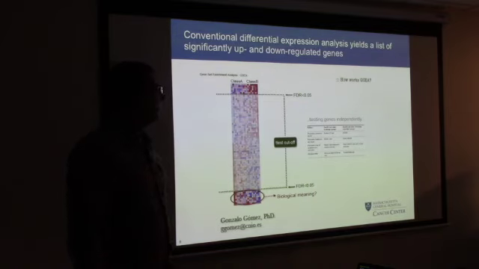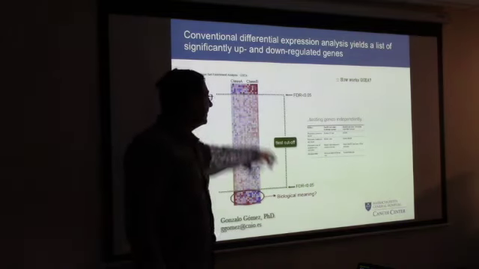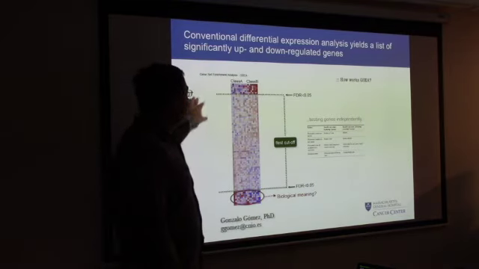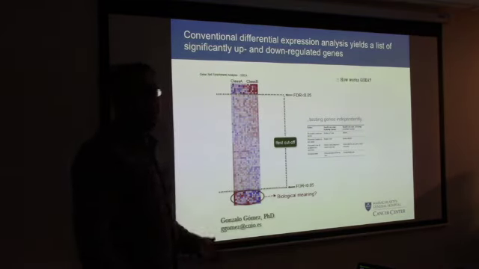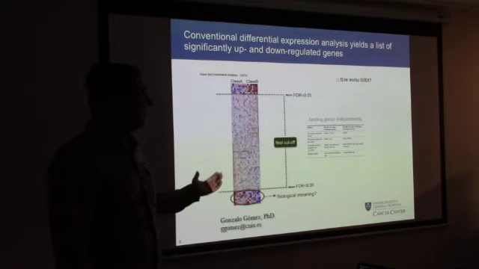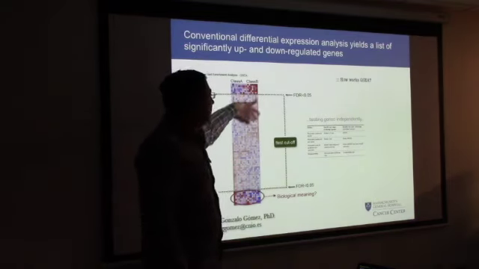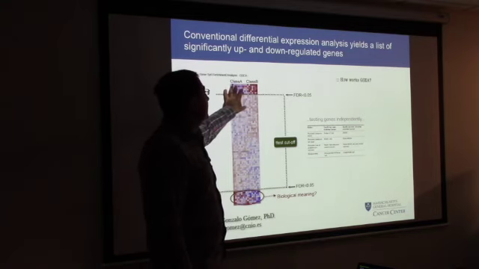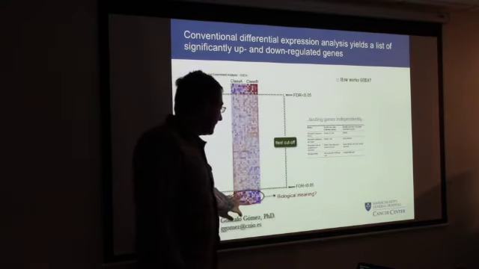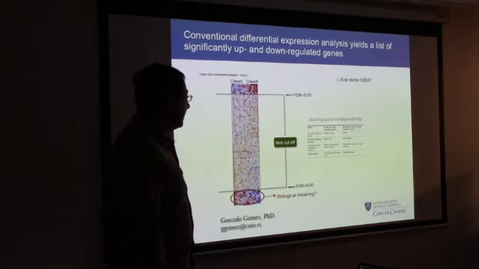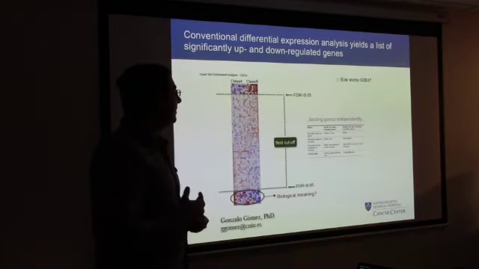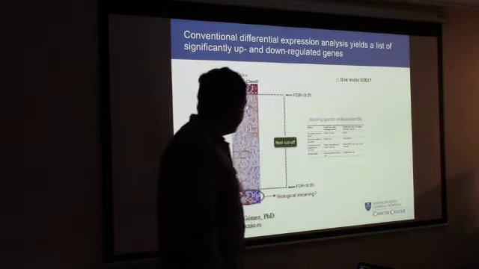So this is your two classes, class A, class B, and now you have your FDR cutoff, let's say of 0.05 or just a p-value of 0.05. And so you have these genes that are upregulated in class B but downregulated in class A, and the opposite here. So what you are trying to find out is, what is the biological meaning behind these.